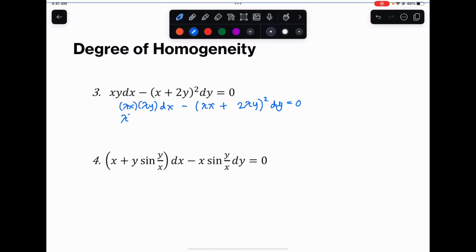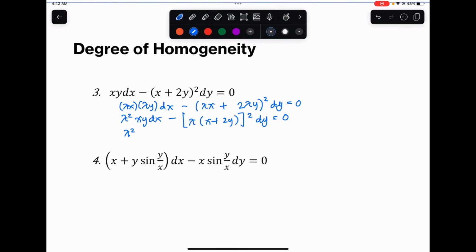So this would make it lambda squared xy dx, and then minus, I can factor out lambda here, so lambda, x plus 2y squared dy is equal to 0.